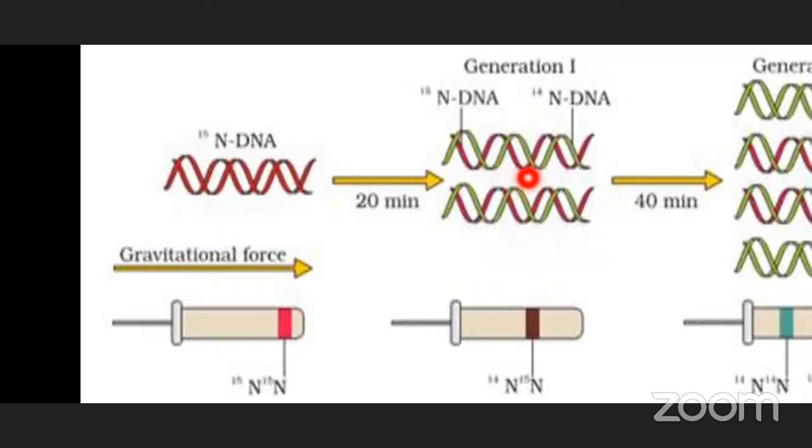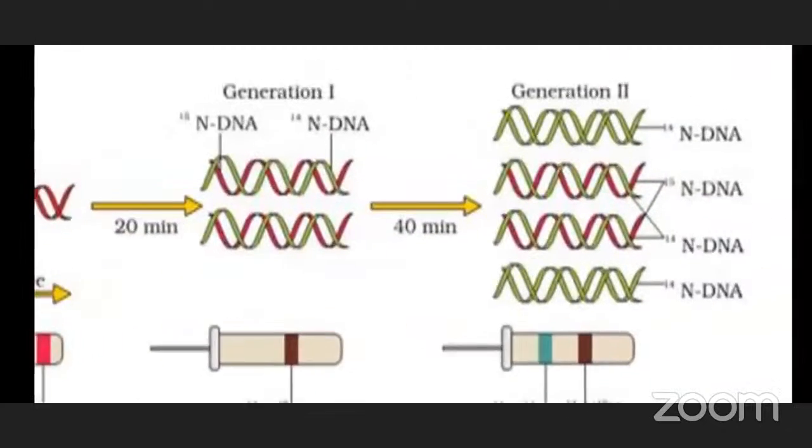After the completion of one generation, we observe the DNA molecules. These two daughter DNA molecules have one N15 strand and another strand with N14. The red color is the heavy isotope and the green color is normal nitrogen.